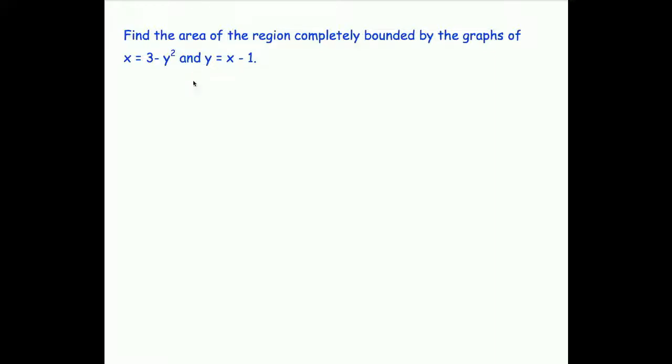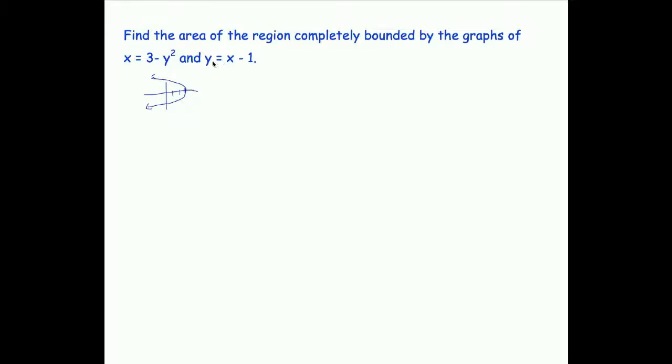What we want to do to start with is just have a quick sketch of this to see what we're dealing with. We know this one is a parabola. It's opening to the left because it's a -y squared and it's moved right 3. So we're going to have this parabola moved right 3. And it looks something like this.